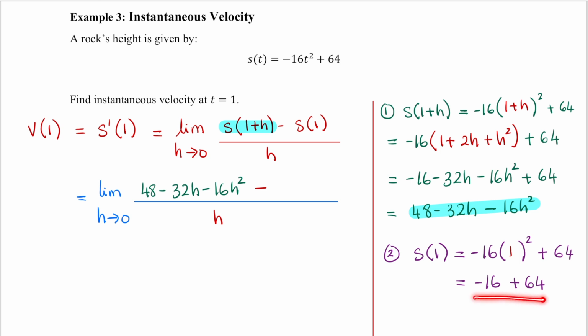Negative 16 plus 64 is 48. s of 1 equals 48. I will substitute s of 1 with 48.